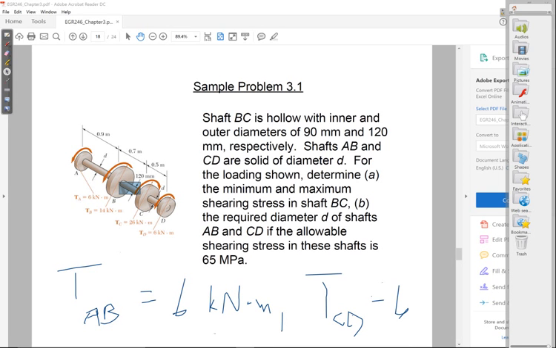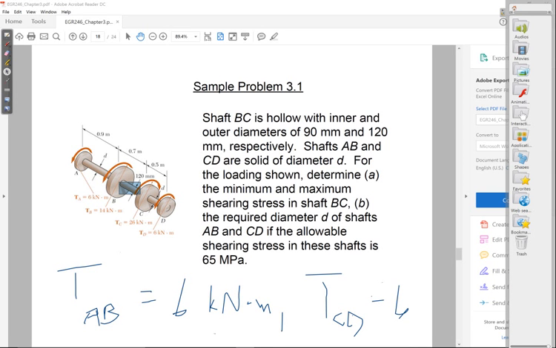What the value means is that if you use exactly that diameter for AB and CD, then AB and CD will have exactly 65 megapascals of stress. So you're going right up to the limit. It means the diameter that you solve for is the absolute smallest that you can make those shafts. If you made them any smaller, the stress would exceed 65 megapascals. You will be going over what's allowed.